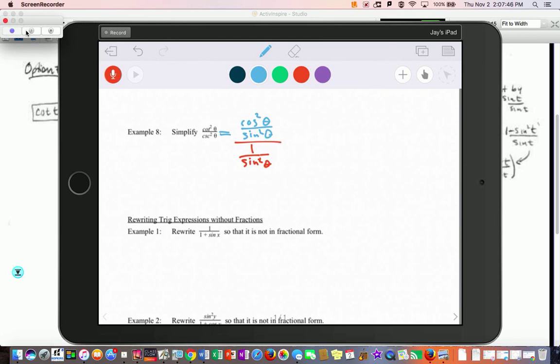So what I really have now is cosine squared of theta over sine squared of theta, times sine squared of theta over 1. When I'm dividing by a fraction, I can multiply by the reciprocal, and I cross those off, and I have cosine squared of theta for my final answer.